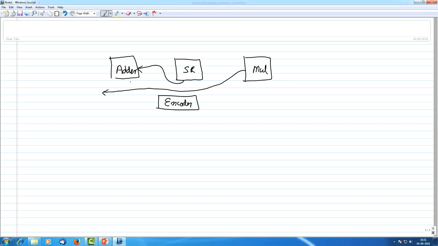We want some data coming out of the multiplier, some from the adder. We want to add it once again, and then we want some of these bits to choose one of. So we then want to input these bits into the encoder, and finally we are interested in the output of the encoder. So let's assume we have a circuit of this form.